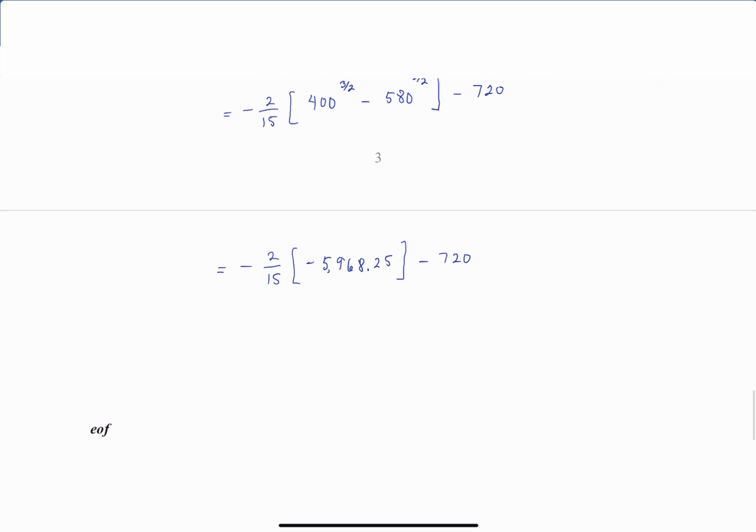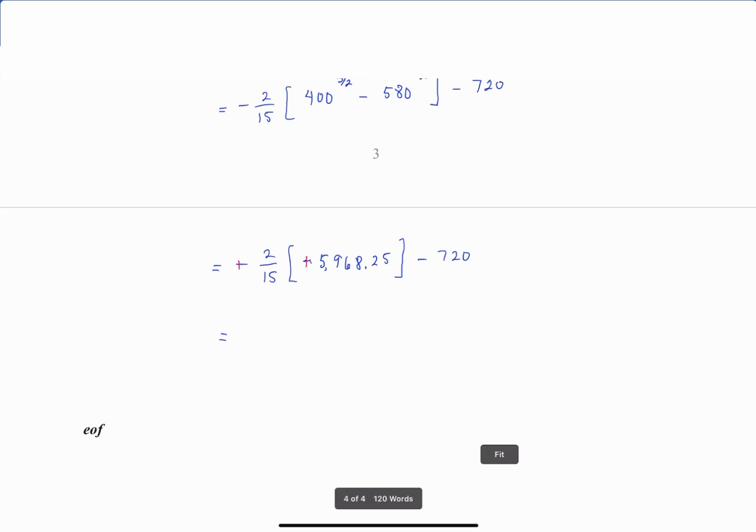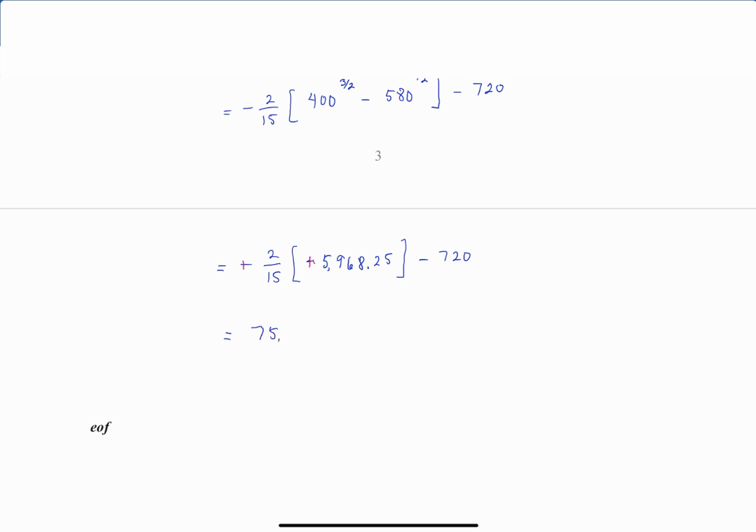Notice that the two minus signs in the first part of this computation cancel each other out. And finishing up the computation, again with the calculator, of course, we get 75.77.